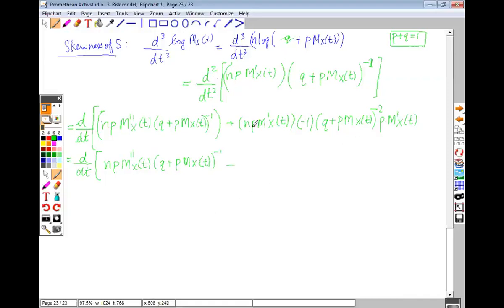And I have a p here and a p here, so I'm going to write n p square. And I have m prime of x t, m prime of x t, so m prime of x t square and this thing as it is. So it will just be q plus p m x t raised to minus 2. And I'll just complete this bracket that I started off with.